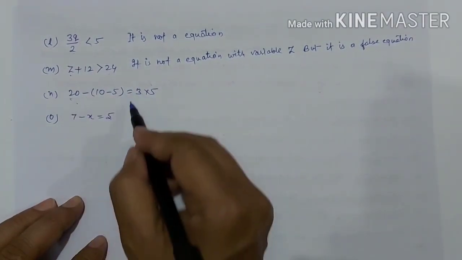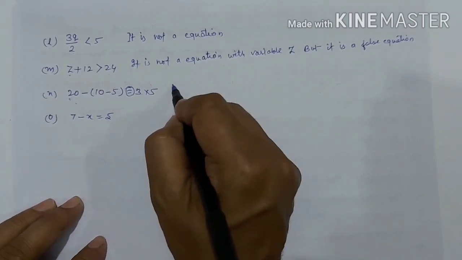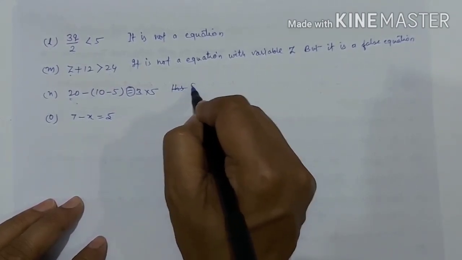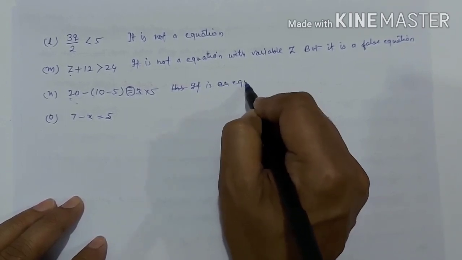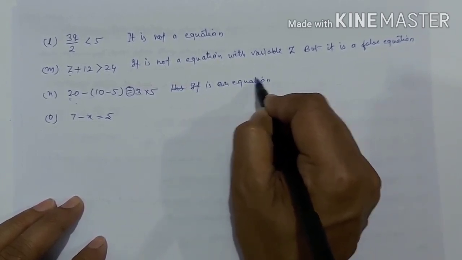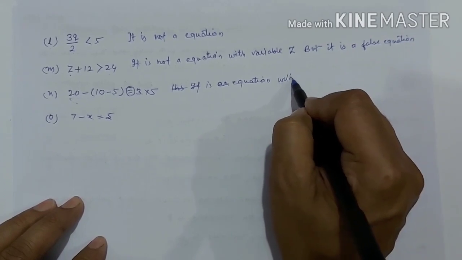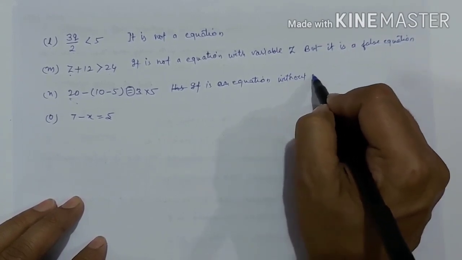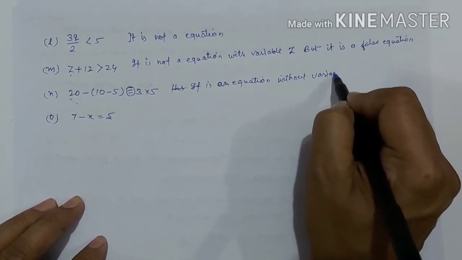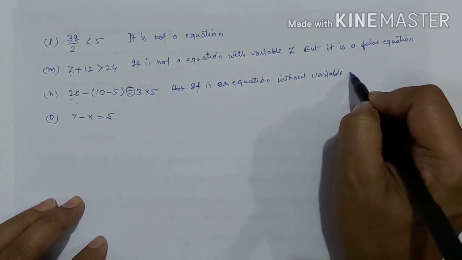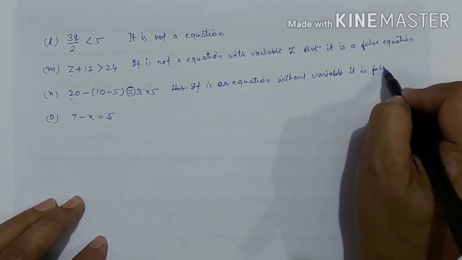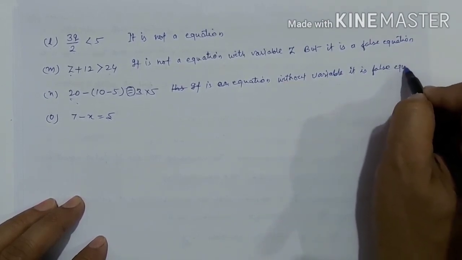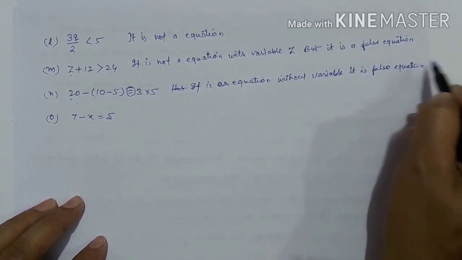Next, an equal to sign is given, which means it is an equation without a variable. Without a variable means it is a false equation.